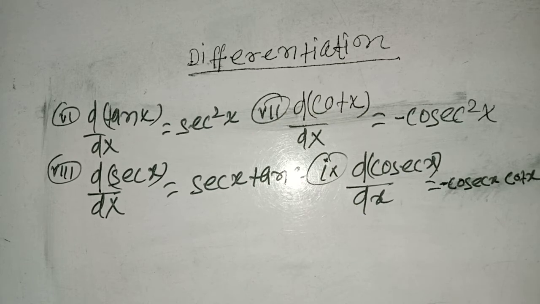Okay, dy by dx of cosec x is equal to minus cosec x cot x.